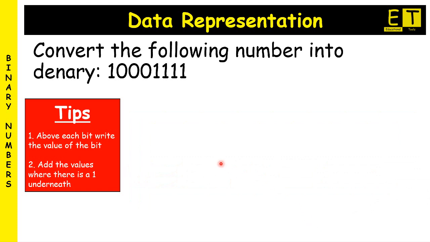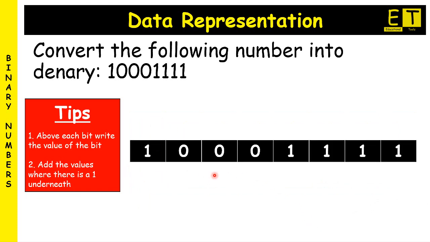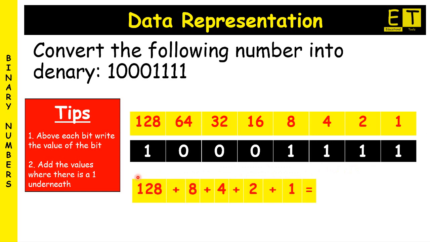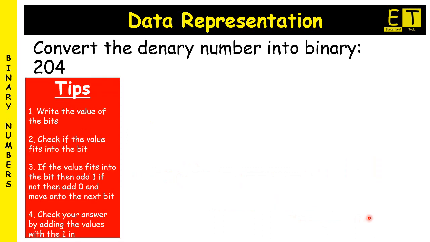Let's do one more. Convert the following number into denary. 10001111. Add the values and then add up all the ones. 128 plus 8 plus 4 plus 2 plus 1, which is equivalent to 143.